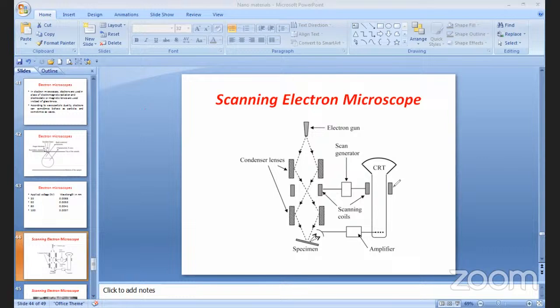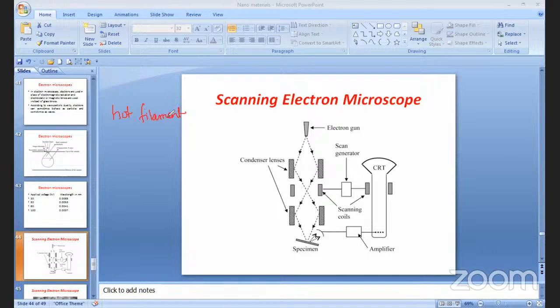Electrons have to be passed through the sample, so electron generation should be there. So generally, these electrons are emitted from a hot filament.